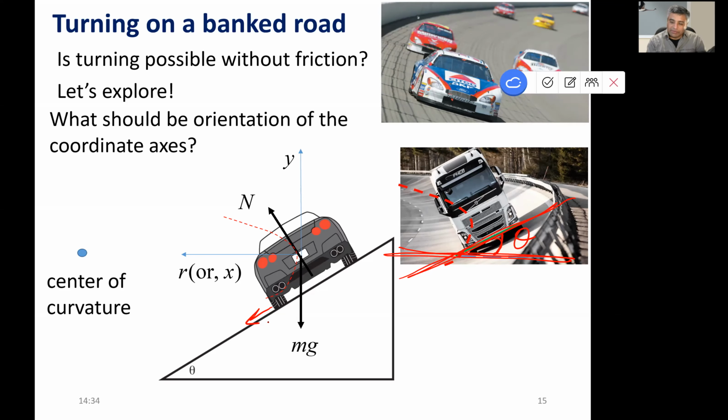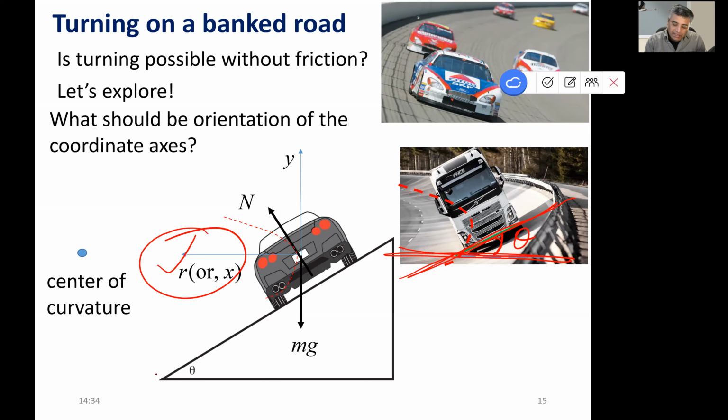Remember how, when it's flat, it acts towards the center, but here it's going to be inclined. So to use Newton's law, we would need to find the component of that force in that direction if we were to include friction, but we are not including that. So why am I choosing one axis in that direction? We always want that in the direction of the center of the circular path, okay?